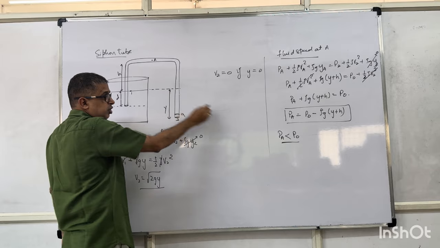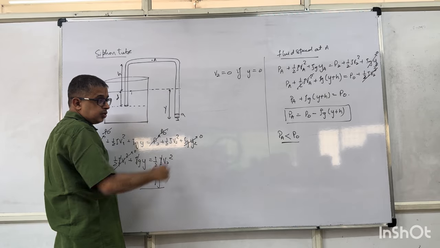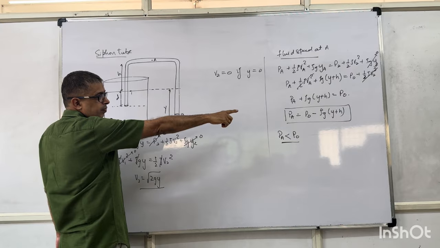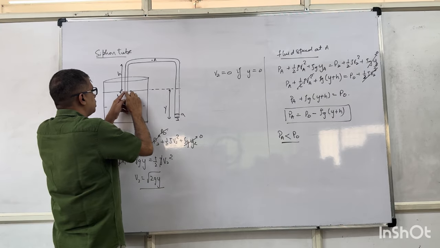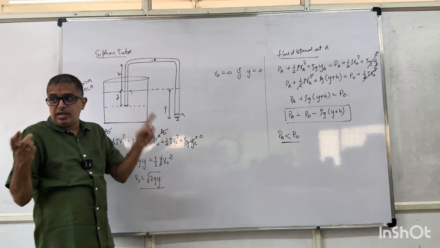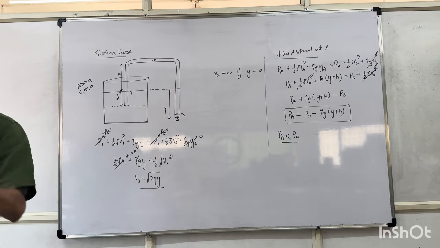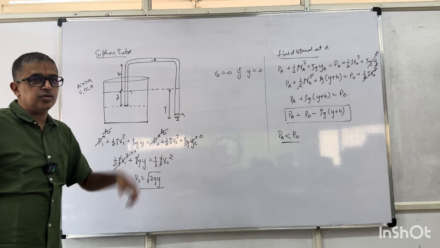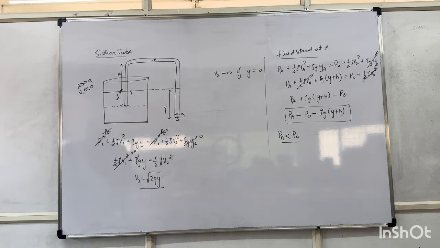What is the justification? From this side I told you y is 0. Look at it from that side, y becomes 0. P naught minus rho gh, P naught minus rho gh. That will be the pressure for static liquid. So the liquid is static. Fluid will not flow if this particular point is kept here. Understand this derivation carefully, it's important.